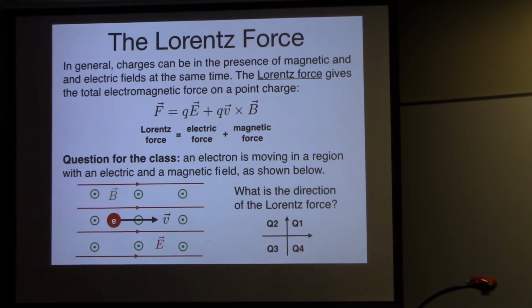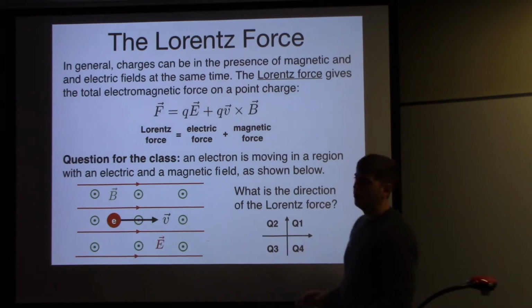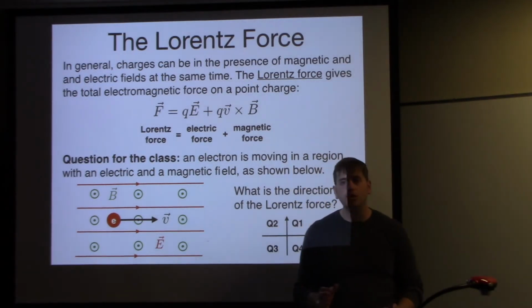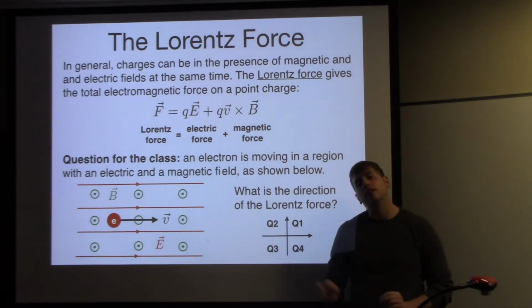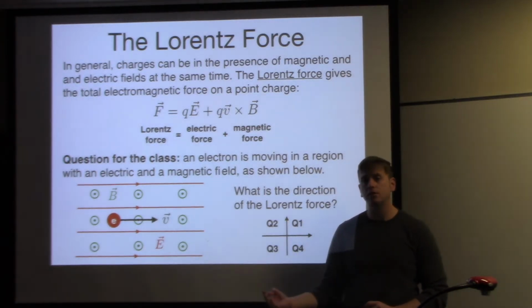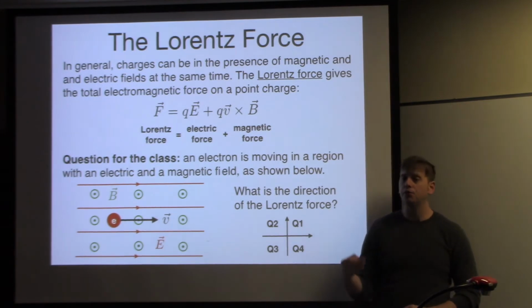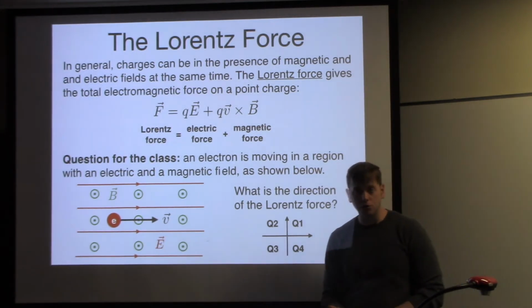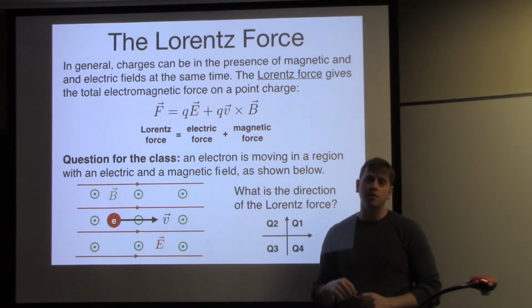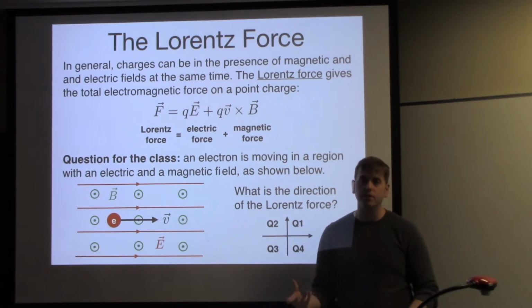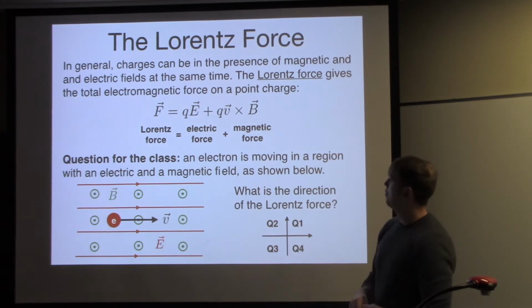So what do we have so far? If you think back all the way to chapter 21, we have electric fields, and we know that if you put an electric charge in an E field, it's going to feel some kind of force. We also know from this chapter that if you take an electric charge in a magnetic field, a B field, then it can also feel a force.